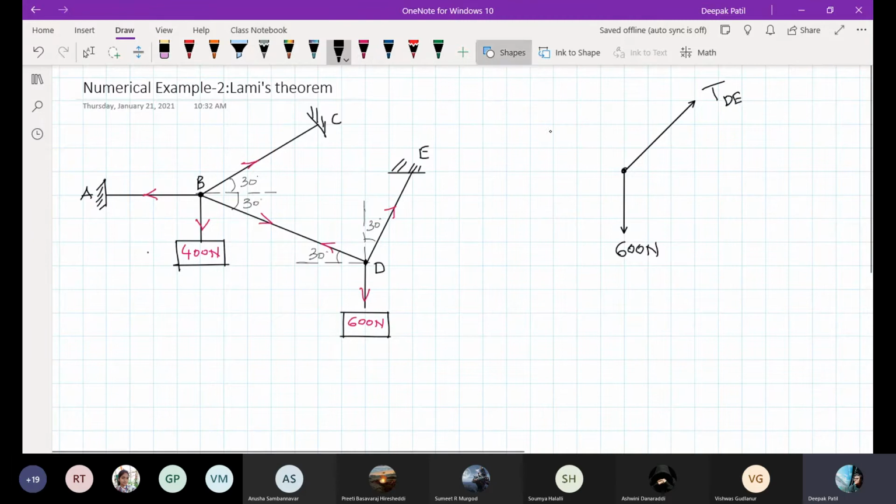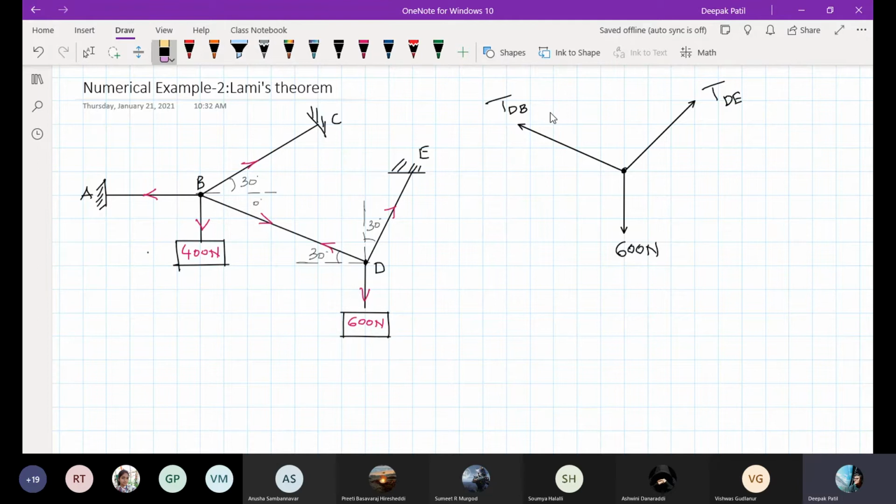And there is one more in this direction, let me call that TDB. Let me mark the X and Y axis. Actually, let us not mark here, because I will calculate the angles directly.